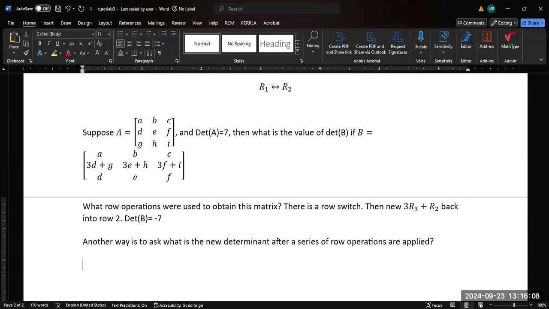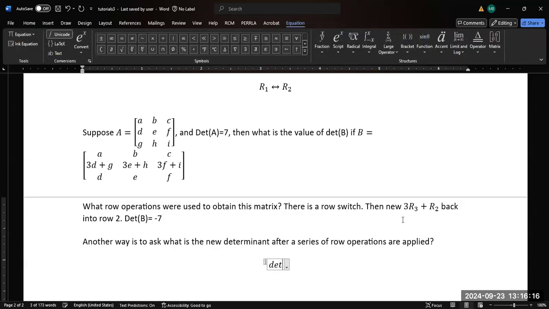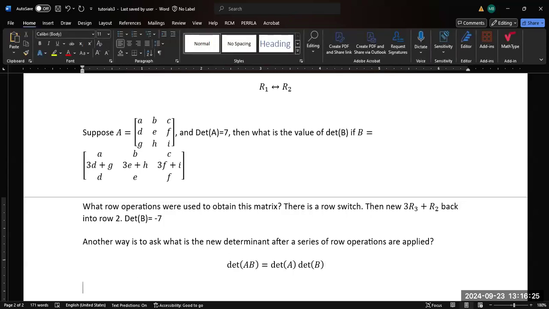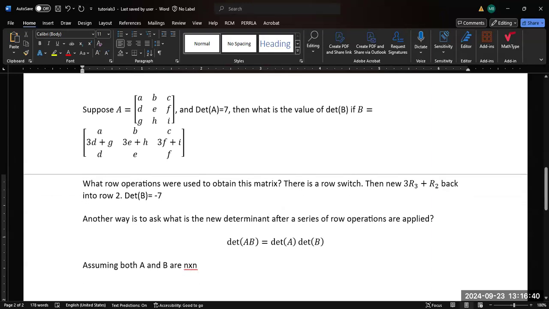So one of the main properties we need to worry about is that the determinant of AB is equal to the determinant of A times the determinant of B. Again, assuming the operation is on square matrices, so they're both n by n and the same dimension, then we can apply this because we can calculate the determinant of A and B separately.